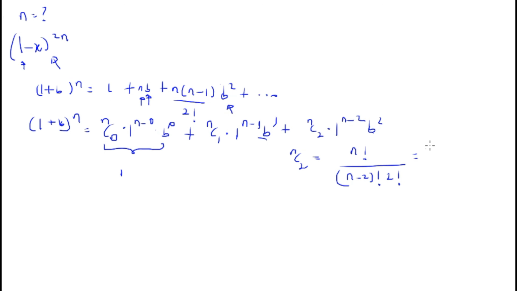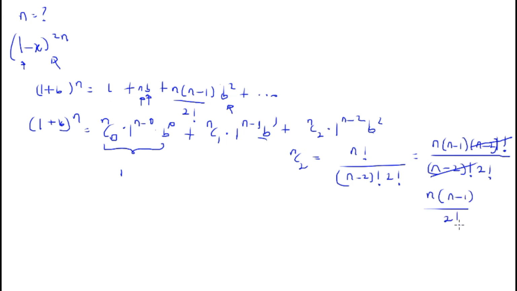Notice that n factorial is the same thing as n(n-1) times (n-2) factorial. So I'll have that upon (n-2) factorial and 2 factorial. Divide out the (n-2) factorial, which is common to both numerator and denominator, so I'll have n(n-1)/2 factorial, and that's how I have this right here.